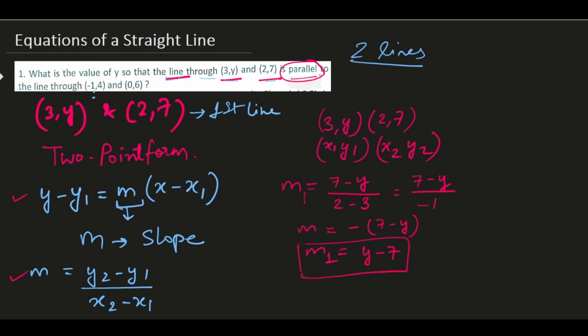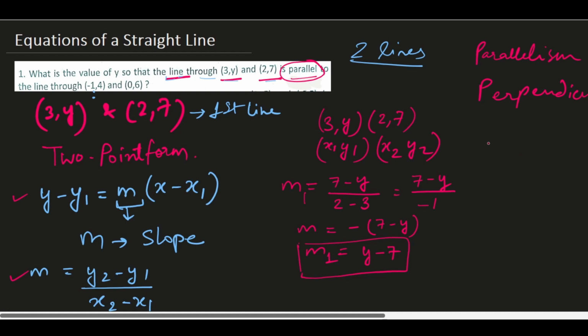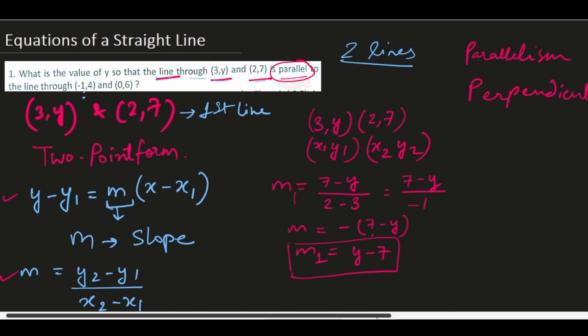Okay, parallel. So in this chapter, equations of a straight line, we have two relationships between lines. One relationship is parallelism and another one is perpendicularity. I'll just explain it to you.